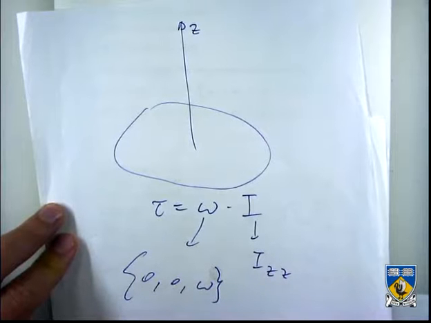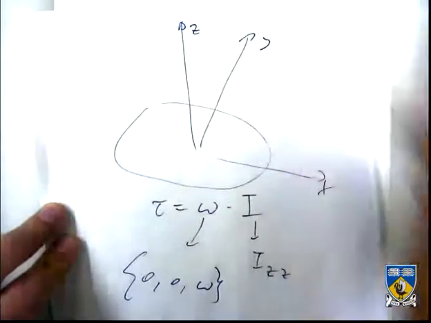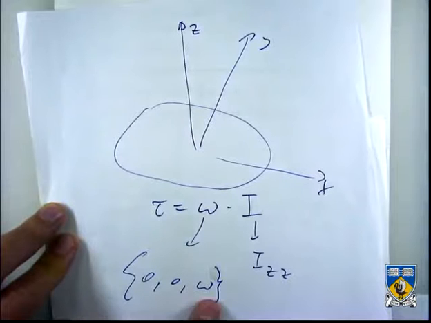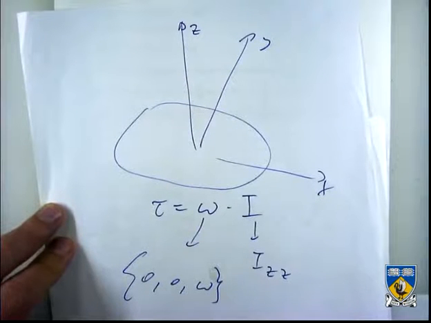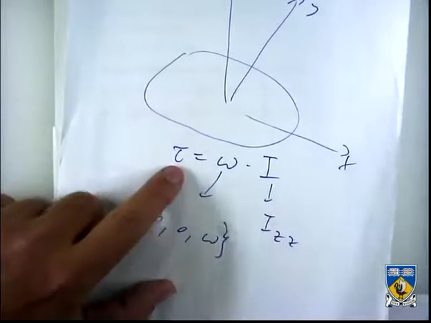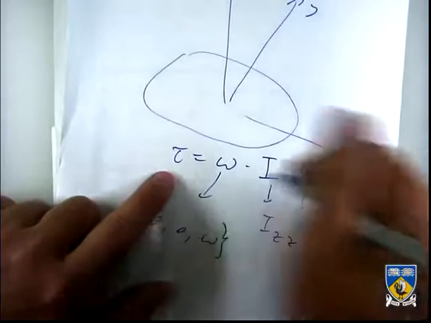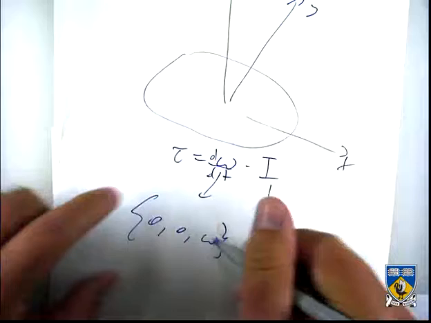So rotation about fixed axis, with only z component of angular velocity, and then a symmetric body, only Izz component from this whole matrix was entering into a simple scalar equation for, sorry, this should be d omega over dt, so angular acceleration.